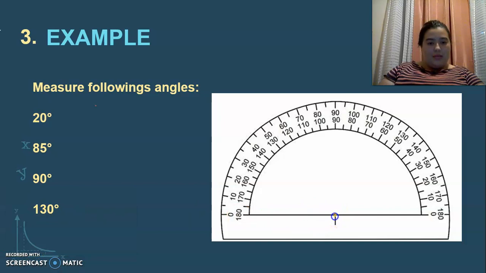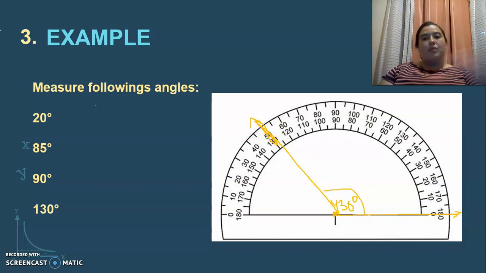Again, our vertex, our first ray, and then we look for 130: 100, 110, 120, 130. So our ray will be like this, and this is an angle with 130 degrees. This is how we can measure angles with a protractor.